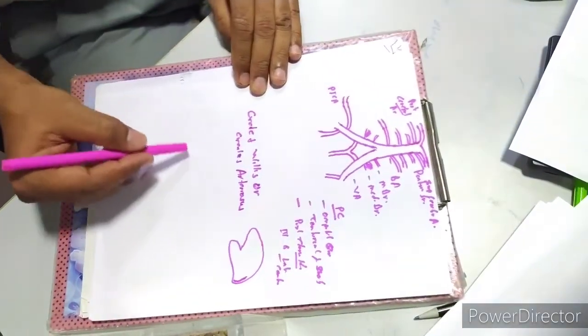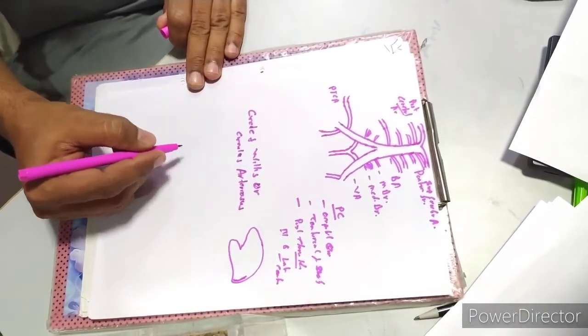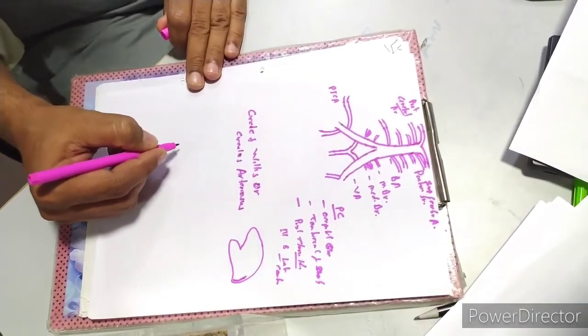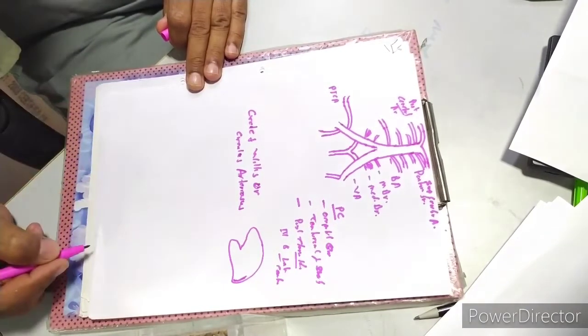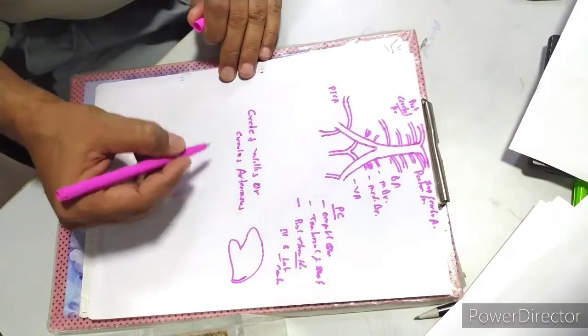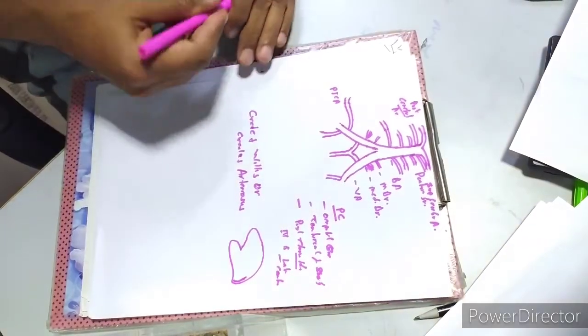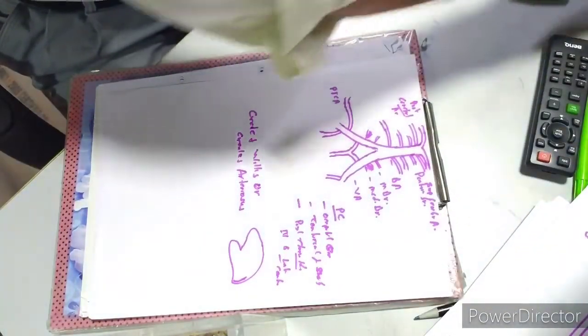Look here. There is an anastomosis between the branches of the internal carotid artery, the internal carotid artery itself, and the posterior cerebral artery. So one circle is formed here in the interpeduncular fossa, and this is the circle of Willis.